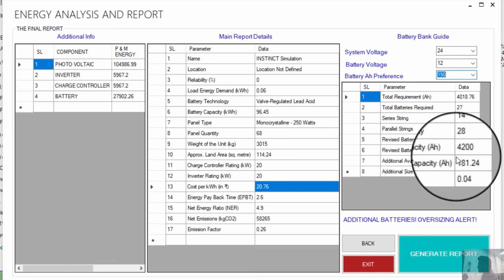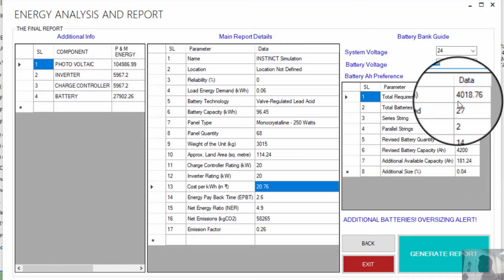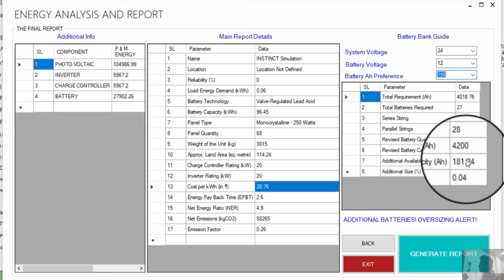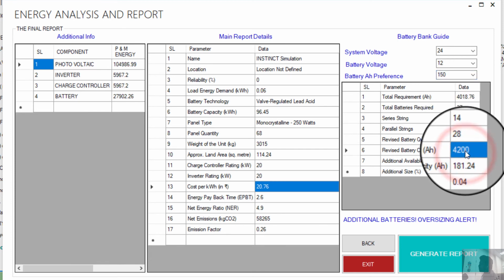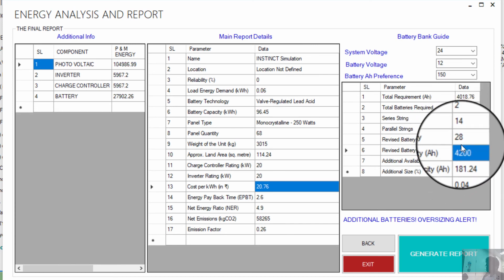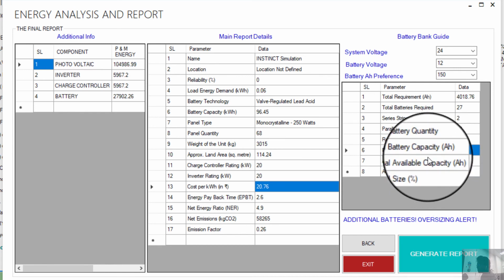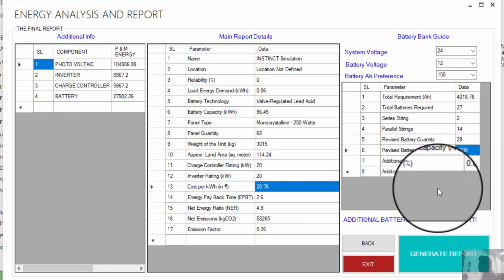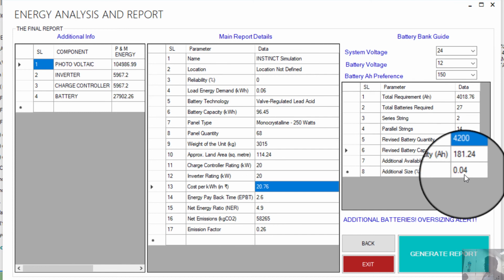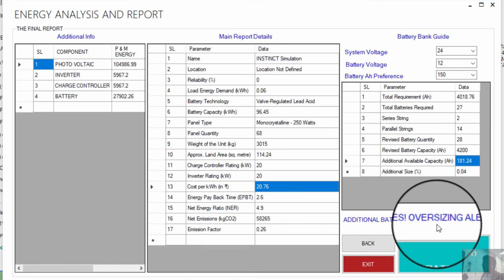So the revised capacity will be around 4200 Ah, where 4018.76 was necessary. We are oversizing to around 4200 Ah because we need to compensate for the voltage of the system. So we have around 0.04% additional oversize and additional available capacity of 181.24, which is pretty okay.